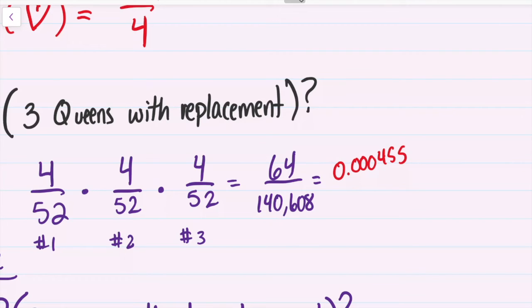Multiply by 100 to turn it into a percent. Your percentage will be 0.0455%. So notice the odds of this happening are very small because, again, there's a lot of cards and you want it to happen 3 times in a row. It's kind of crazy. So there you have it.